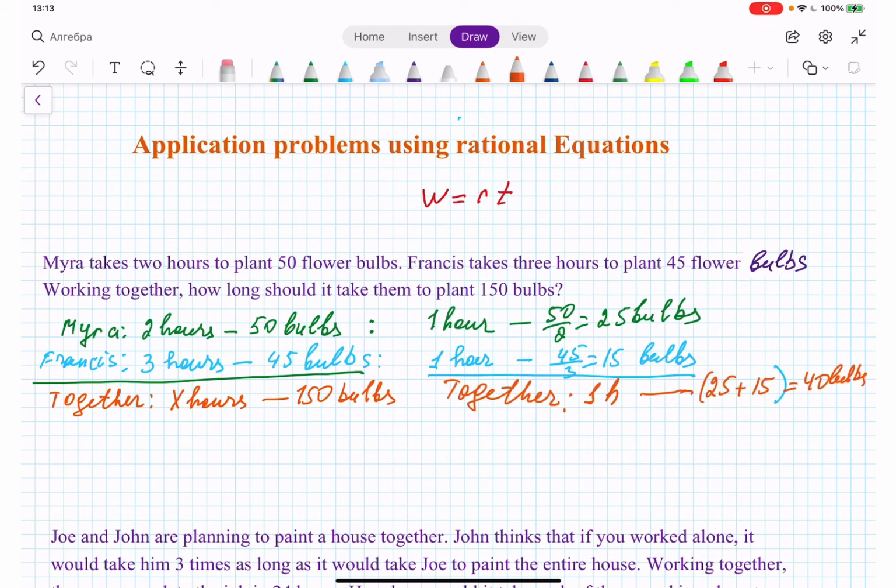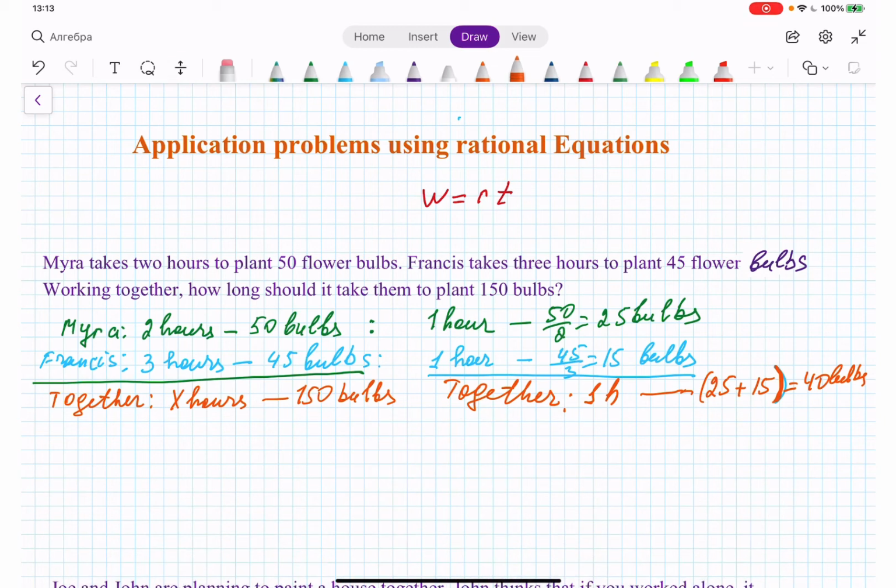All right, now for 1 hour they plant 40 bulbs. How long will it take them to plant 150 bulbs? So we are making a proportion. I'm going to show you how to make a proportion. We are dealing with the case when they work together.